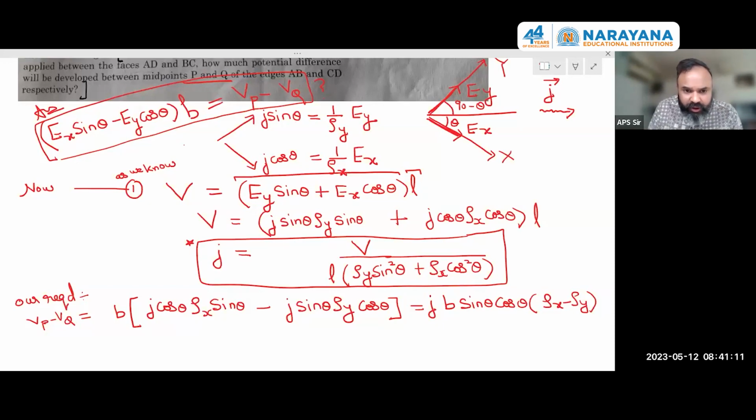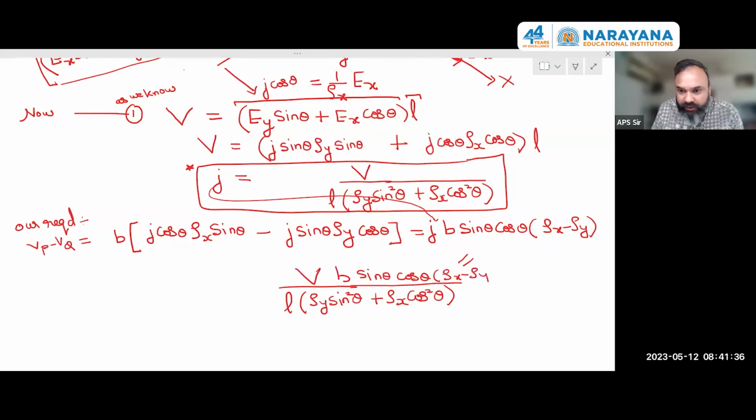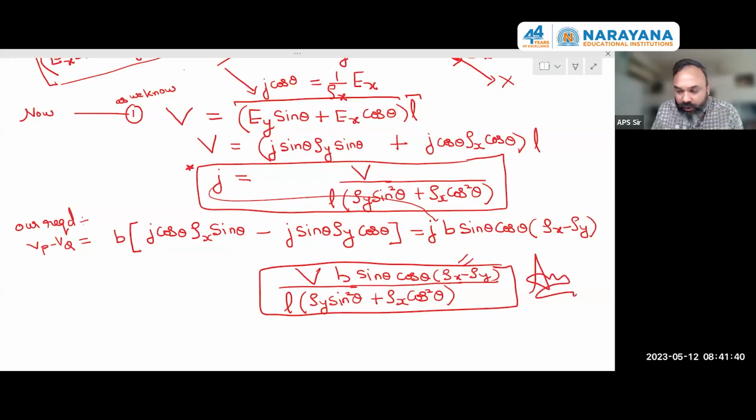And J was known here, so I'll just substitute. What I get finally is V by L, rho y sin square theta plus rho x cos square theta, that is my J term, into B sin theta cos theta, rho x minus rho y. This is the actual expression for the answer.